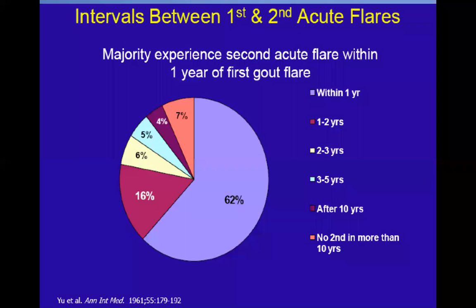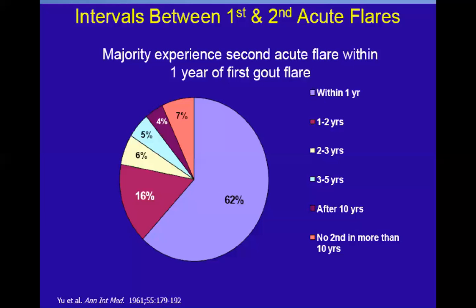Interval between first and second acute flares. Within the first year, 62%. Between the first year and second year is about 16%.